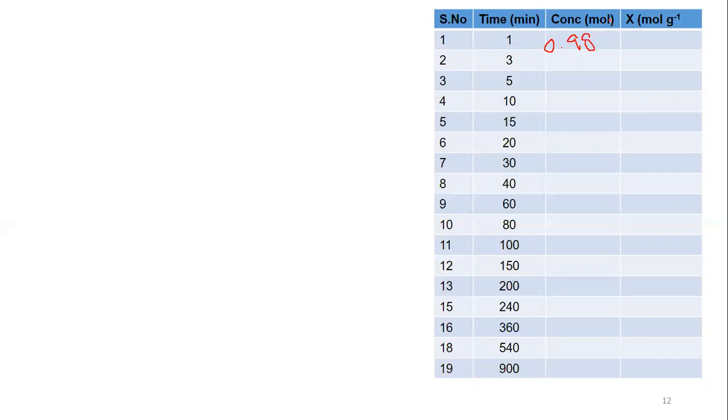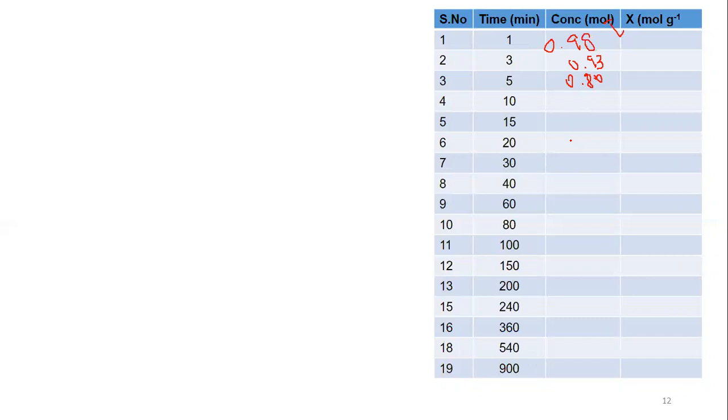Sorry, concentration is mole per liter. That is molarity. And the second one I have found out, let's suppose, is 0.93, and this one is 0.8, okay, 80, and this one and so on.